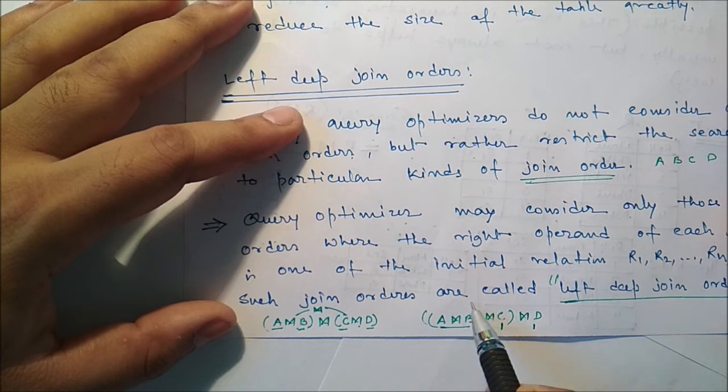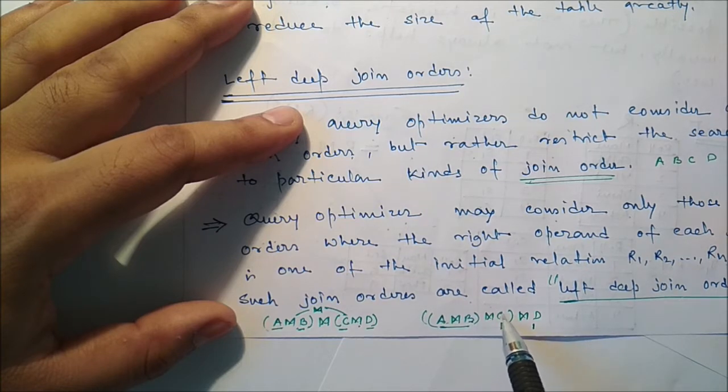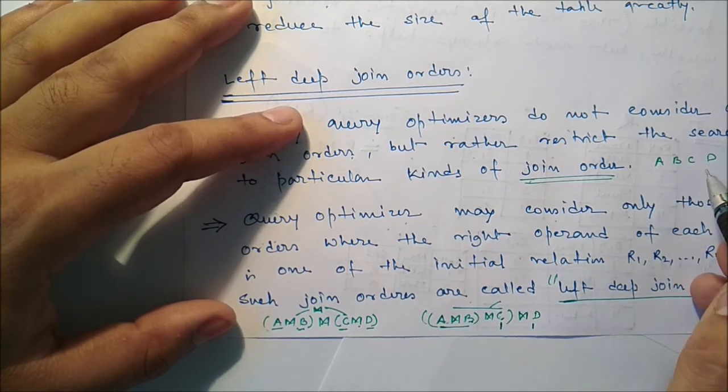But in this case, if you join this with this, this one is the intermediate result after applying join A and B, but the right part is the initial table C. So the left part is an intermediate table, but the right is another initial table, because A, B, C, D are the initial tables.